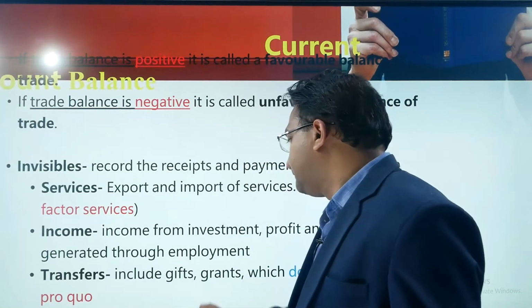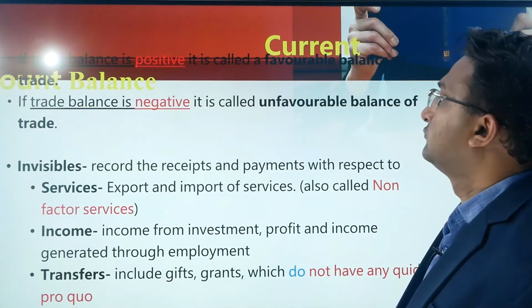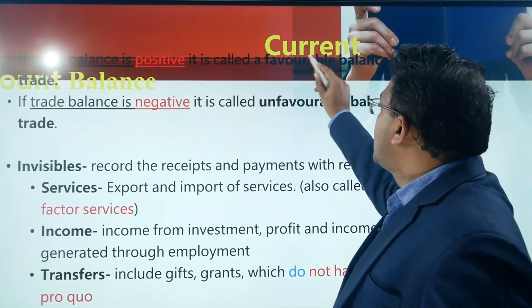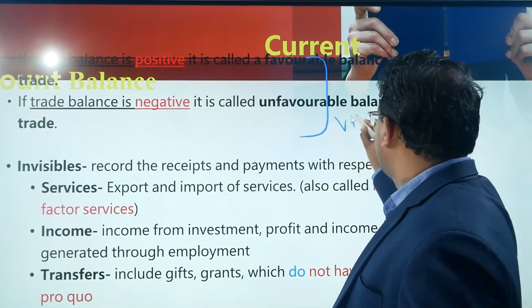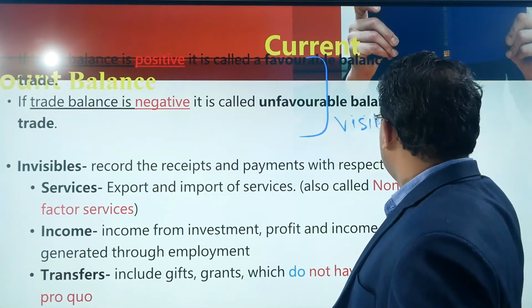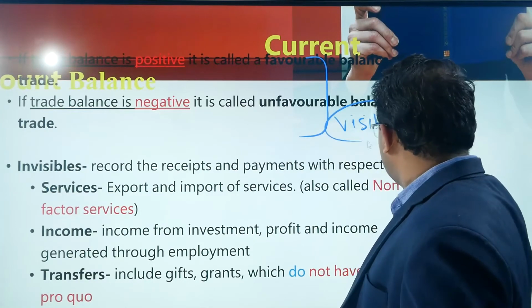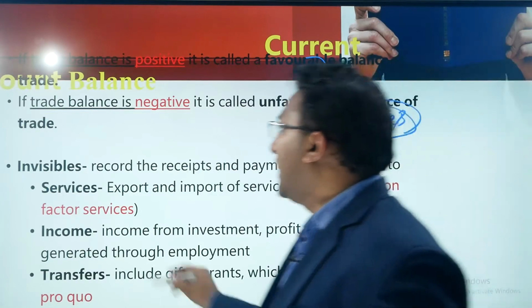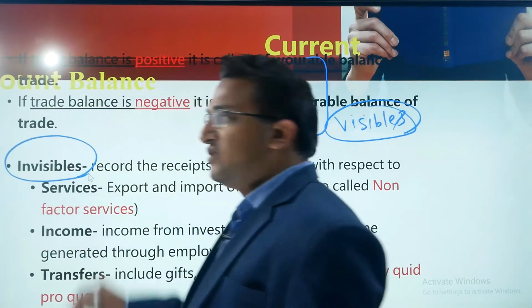So coming back, these two are basically visibles. Then we have invisibles.